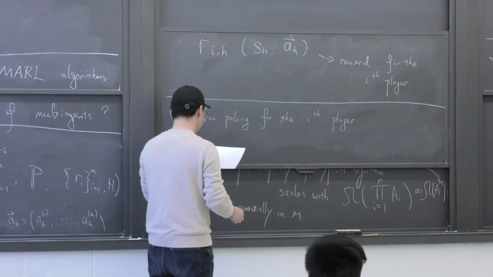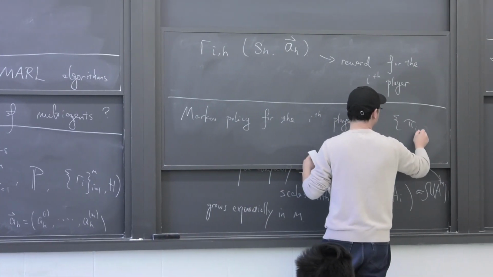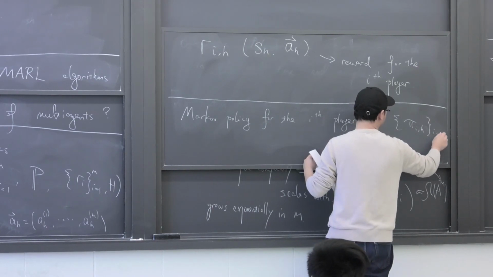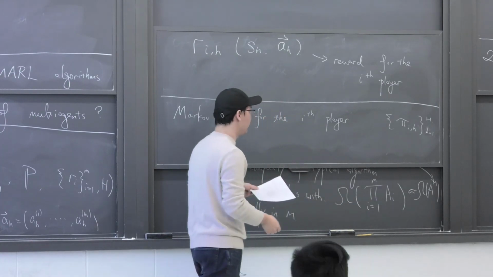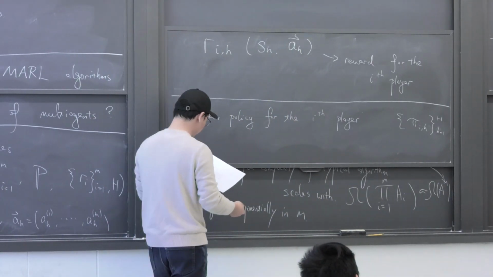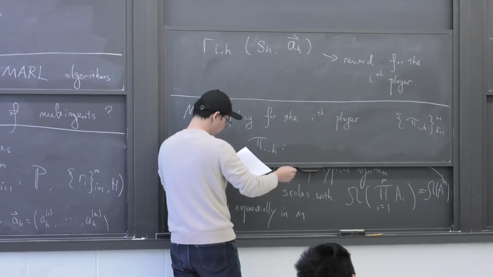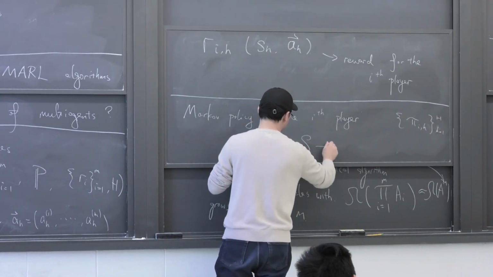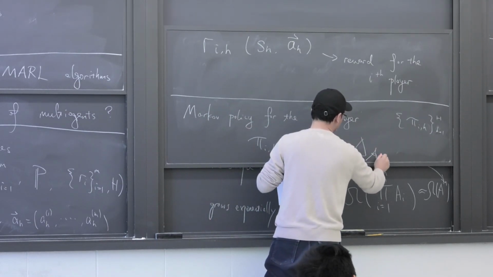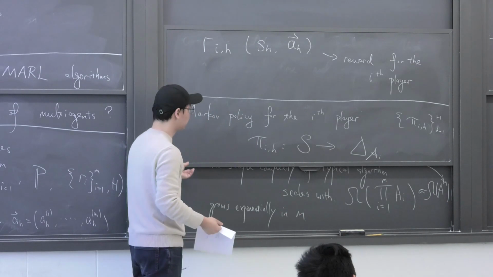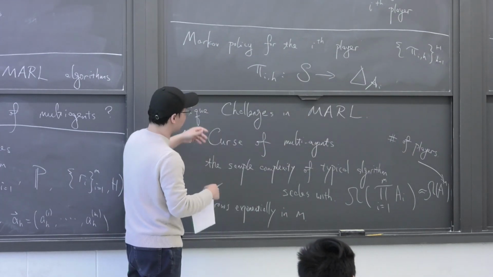It's just defined as a collection of pi_{i,h}, h from 1 to capital H. So again, it's one policy at each step, where pi_{i,h} is a map from only local states, and maps to a distribution over the action set of its own action. So a distribution over the actions in A_i, that is the action set for the ith player.